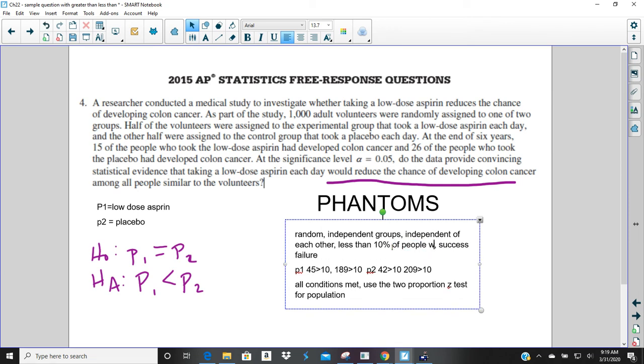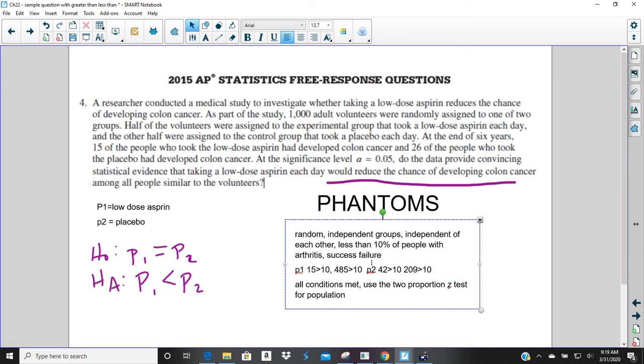arthritis. And then the success failure: at the end of 6 years, 15 of the people developed colon cancer. 15 is greater. Out of how many was it? Half the volunteers. So wow, a lot of people. So 485 did not have it.